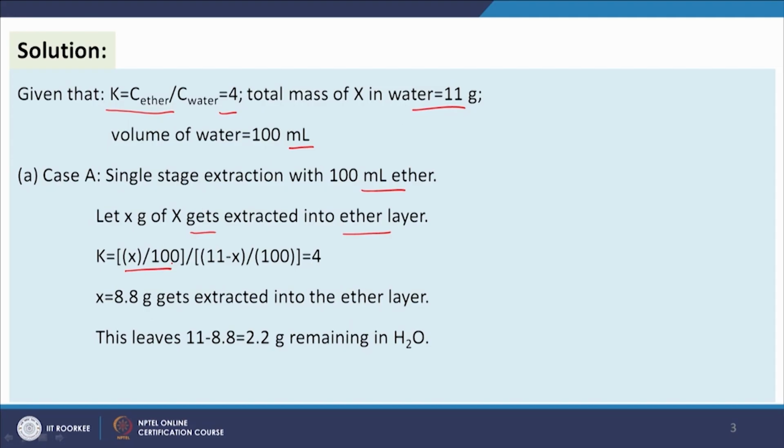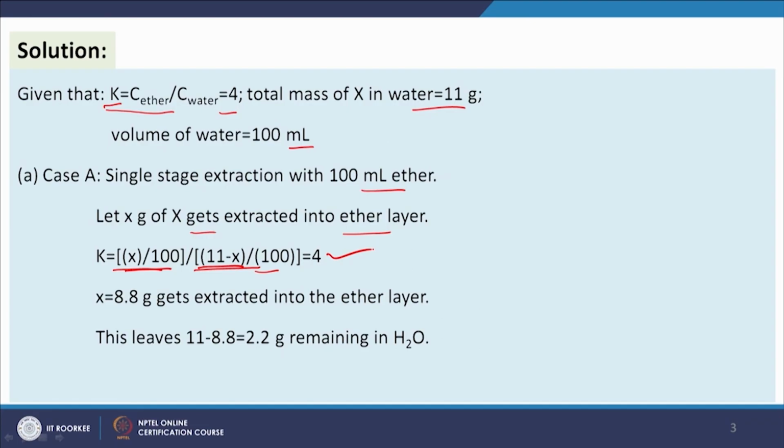So, K equals x by 100 divided by (11 minus x) by 100, where 11 minus x is the amount of X present in the aqueous phase, and 100 ml is the volume. So, this concentration divided by this concentration is equal to the K value, as given here, 4.